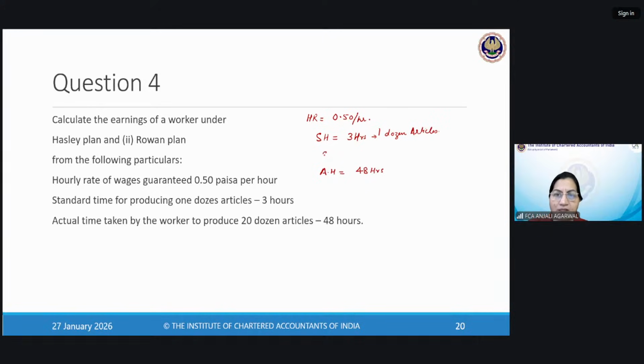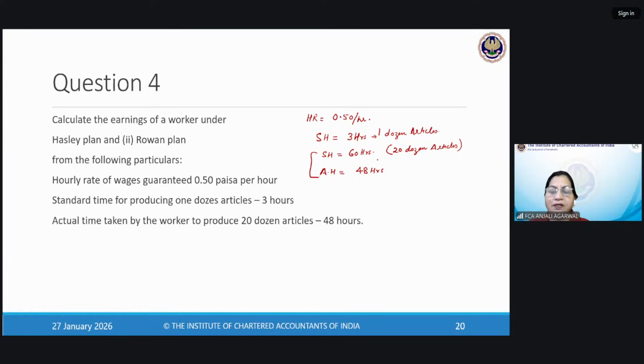So the standard hours are not given for 20 dozen. Standard hours are given for only 1 dozen. Then standard hours for this job, that is to manufacture 20 dozen articles: if 1 dozen is made in 3 hours, 20 dozen would be made in 60 hours, right? It is a direct proportion.